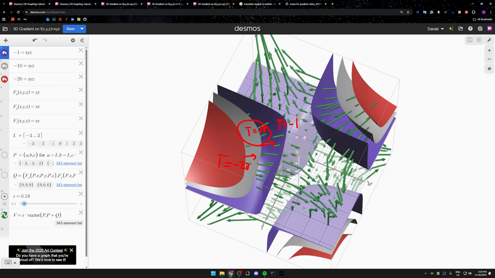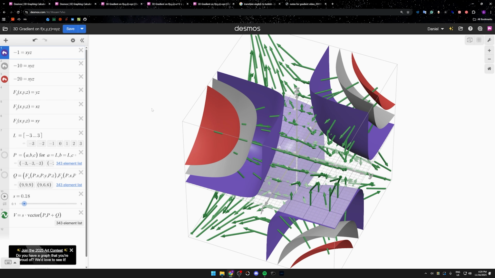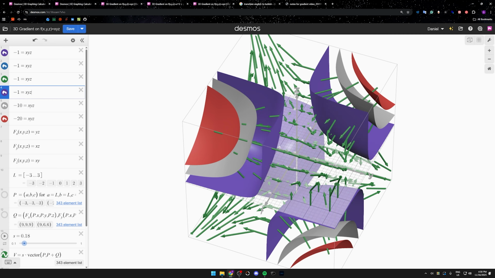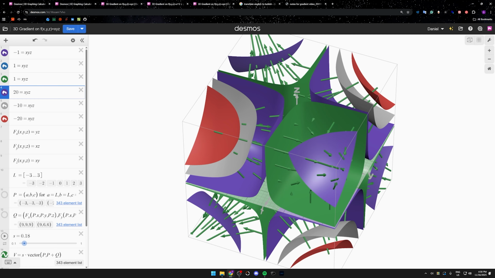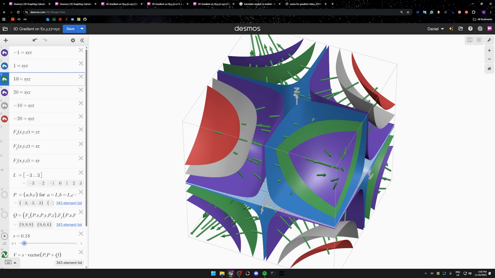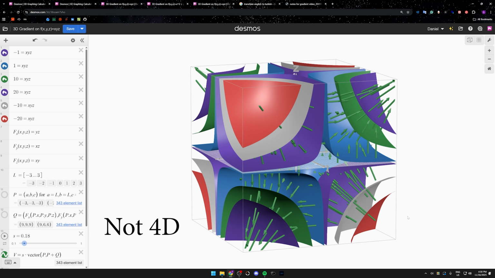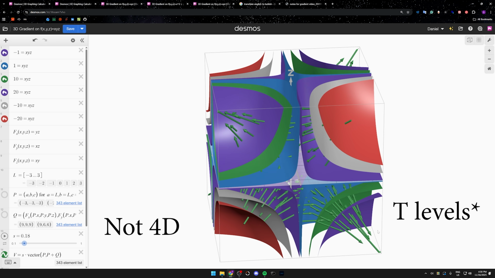It's pointing from here to the other one, as you can see. And I could add the other ones back, and you will see that this is how it looks in 4D if you have almost all of the Z levels.